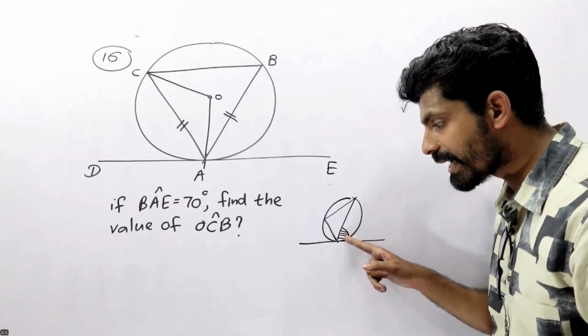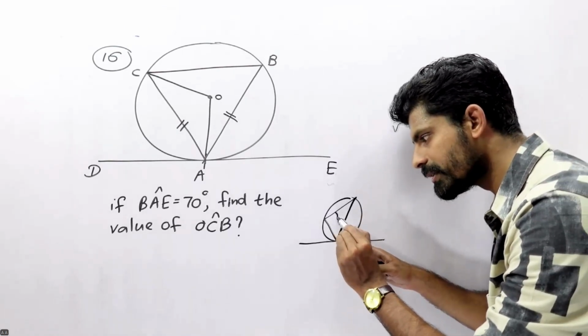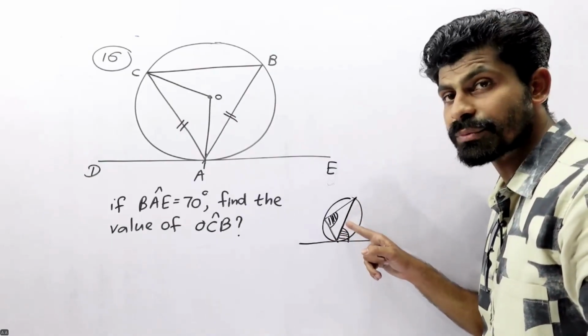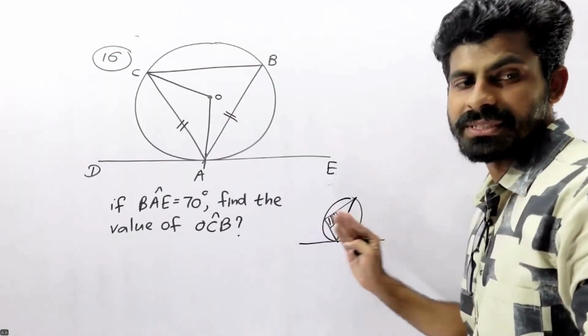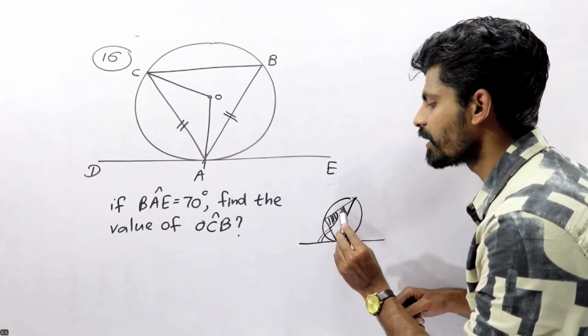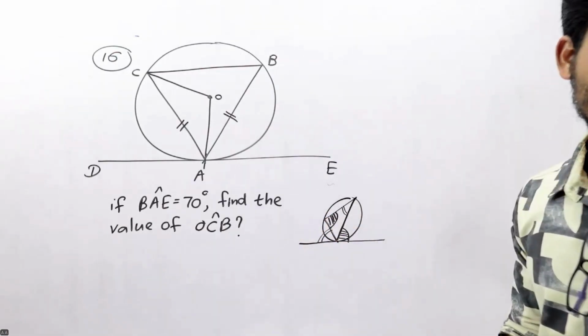This angle equals the opposite angle of the chord. So what is the chord related to this one? This one equals the opposite angle of the chord.